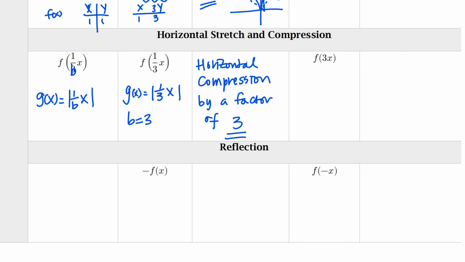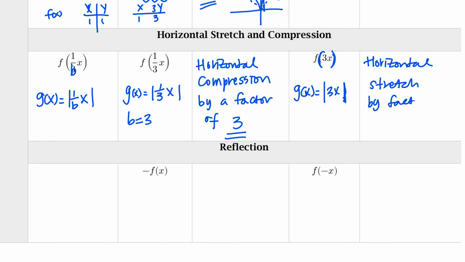In this other example, if you see 3 times x inside the parentheses, the new function will be 3 times x, which means horizontal stretch by a factor of 1/3.